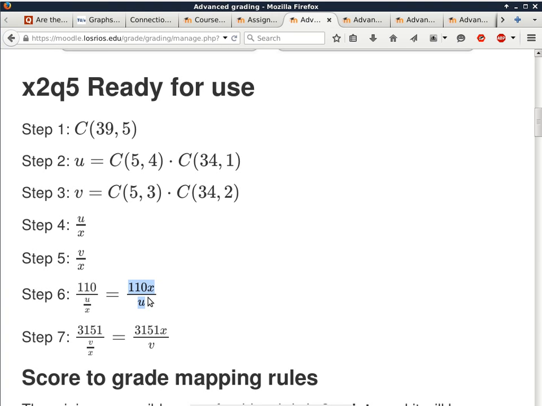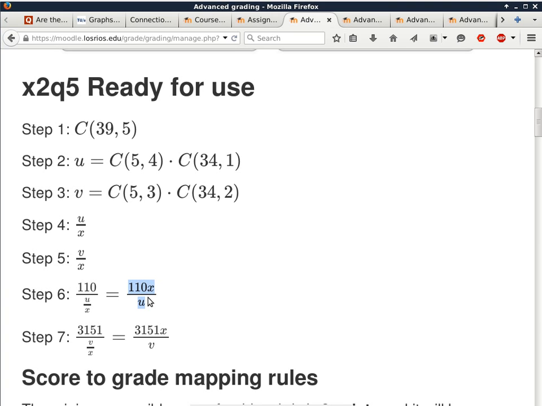So that can go in any direction, right? So the 110 can go in any direction. It's not indicative of the total number of tickets actually sold. Not quite sure whether I answered your question or not.